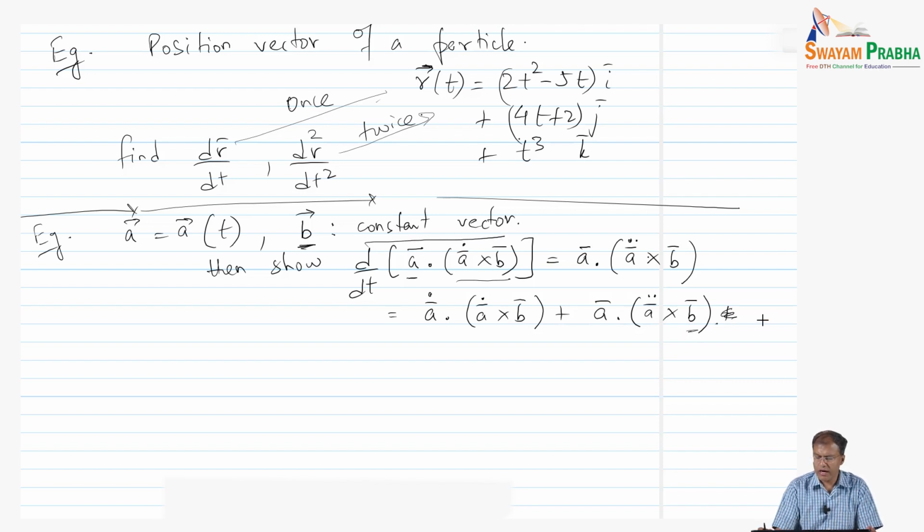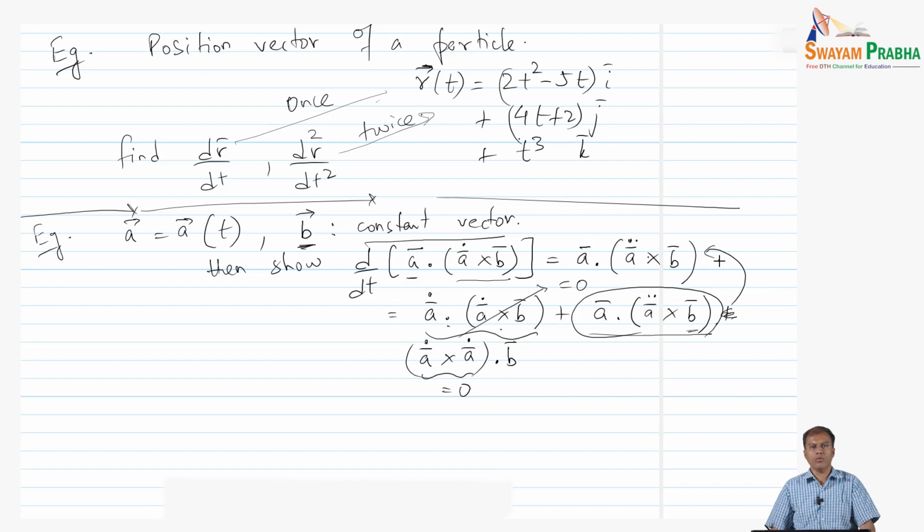So I am not going to write the third term, which is 0. Now notice that in this quantity I can interchange my dots and crosses, and this is going to be (a dot cross a) dot b, interchanging the crosses and the dots, and we see that a dot cross a is going to be 0, and that is going to cancel this quantity as well, and we get our result, which is what we had to show.